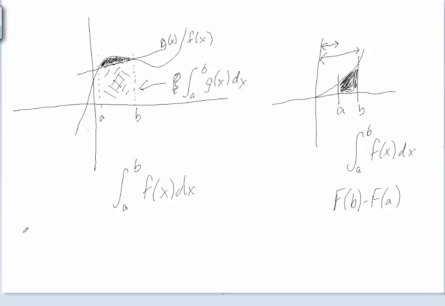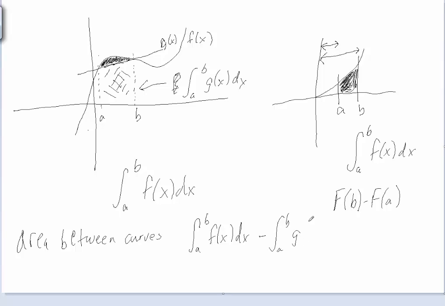And so the total area between the curves ends up being what's under f of x minus what's under g of x. And we can combine these, and we say taking the definite integral of f minus g of x.